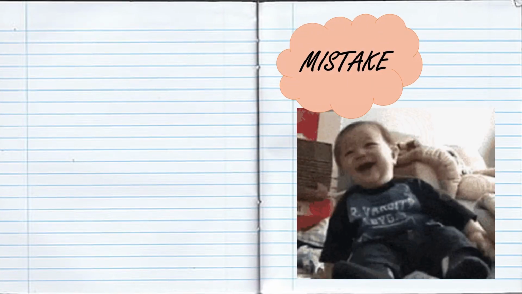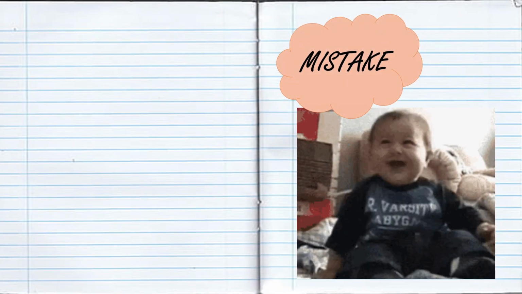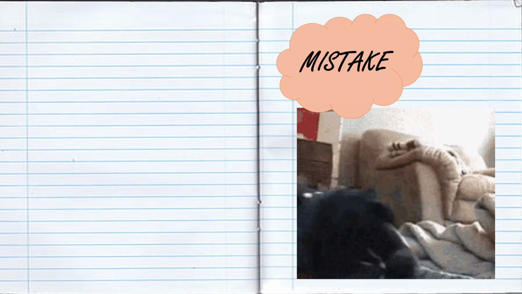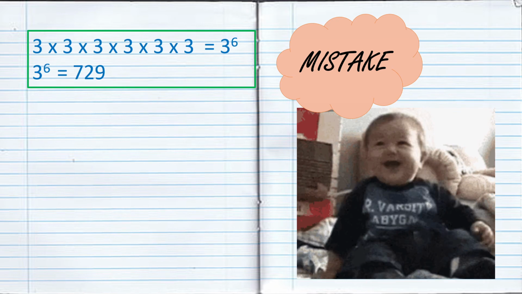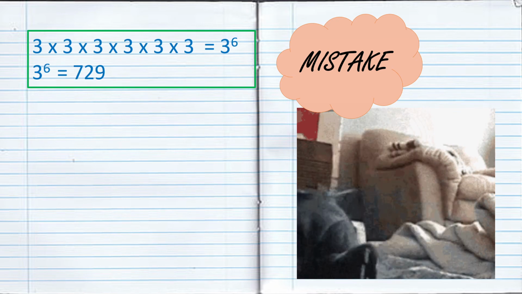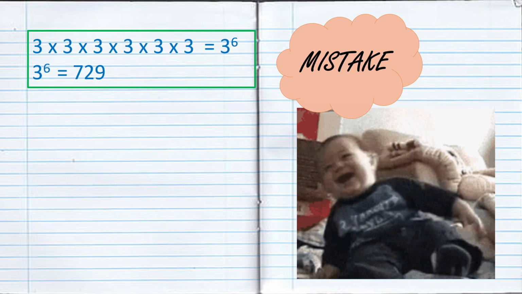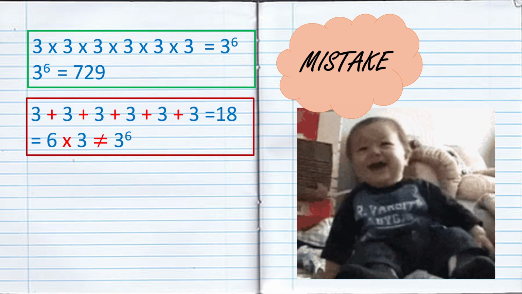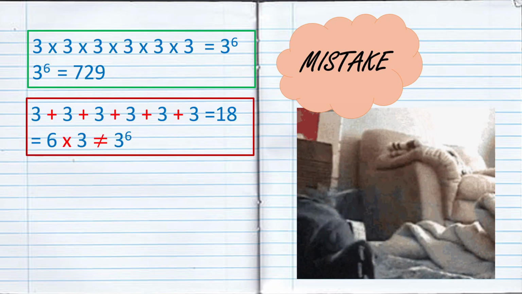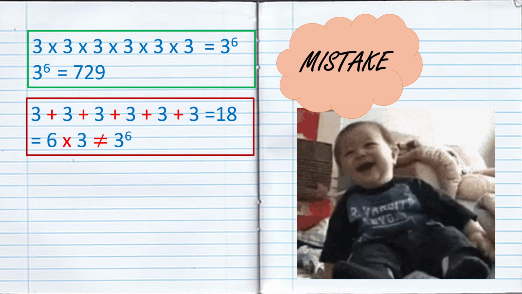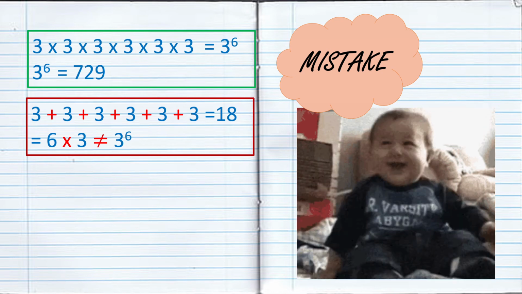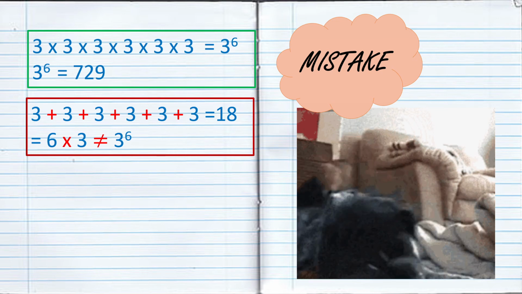Oh, this is Mr. Pintu, and he's laughing. He always laughs when we make such mistakes. Everybody knows that an exponent is repeated multiplication. But when we get confused with repeated addition and think it is the exponent, he laughs. So never get confused.